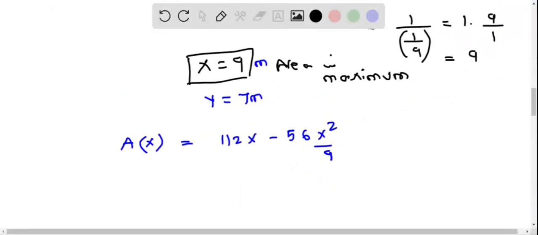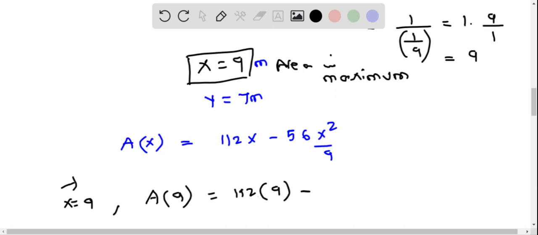I'm now going to plug in x equal to 9 into this equation. So therefore this becomes A of 9 equals 112x. I'm sorry, I had to replace this by 9. So 112 times 9 minus 56 times 9 squared over 9.